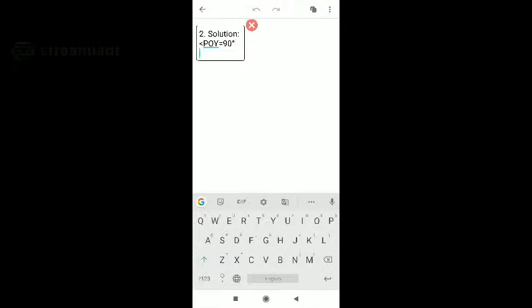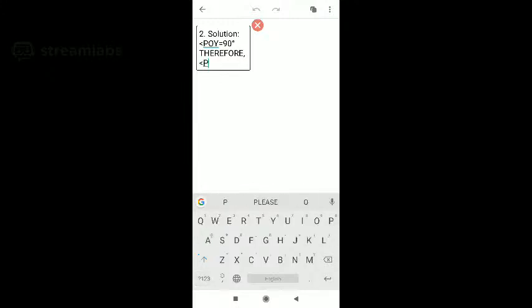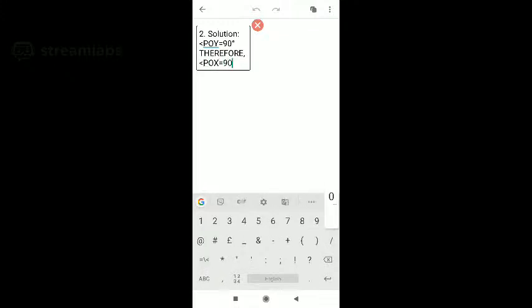So therefore we can write angle POX is also equal to 90 degrees.